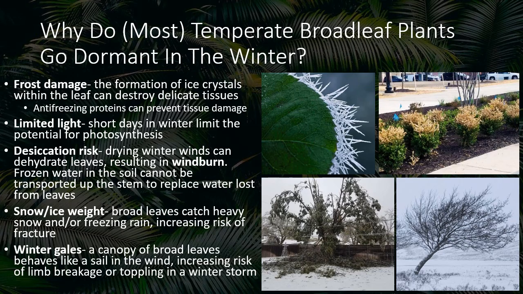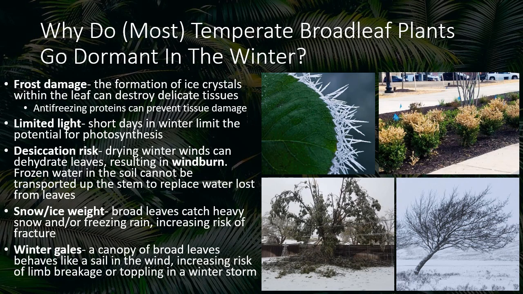As the angiosperms, or flowering plants, the broadleaf plants, spread northward and southward out of the tropics towards each of the poles, they had to develop solutions to tolerate freezing temperatures and other risks of growing in the temperate zone.